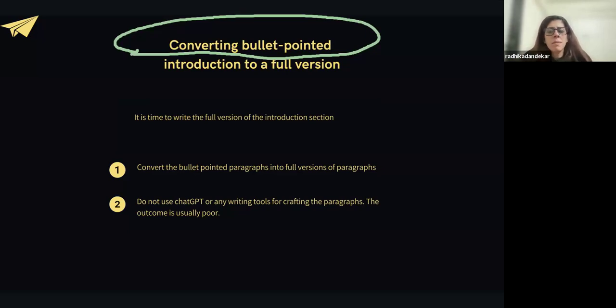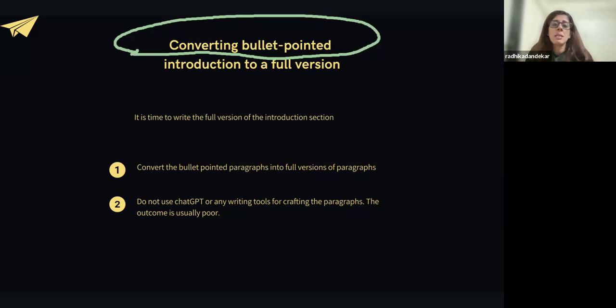One more thing I would like to mention here is that please do not use any writing tools or ChatGPT when crafting those paragraphs or converting the bullet pointed introduction into a full version, because reviewers have an AI detector installed in most cases now, and if you use any kind of writing tools or ChatGPT, it will mostly get your paper rejected, and all the effort that you've put into writing this paper will be zeroed.